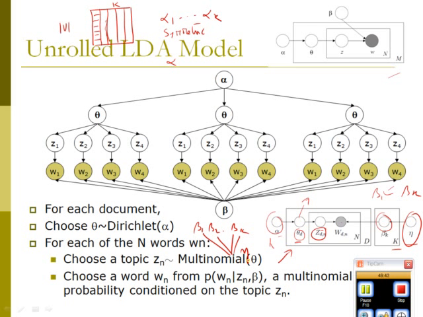Then you choose a word Wn, given the topic and the beta, which is basically the topic distribution, because this Cn becomes an indicator variable into this big beta matrix. So this is really nothing but the distribution that I had on this side in the previous example. And that's how these words are generated.